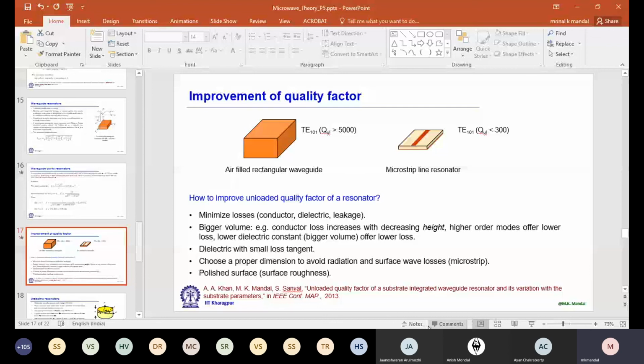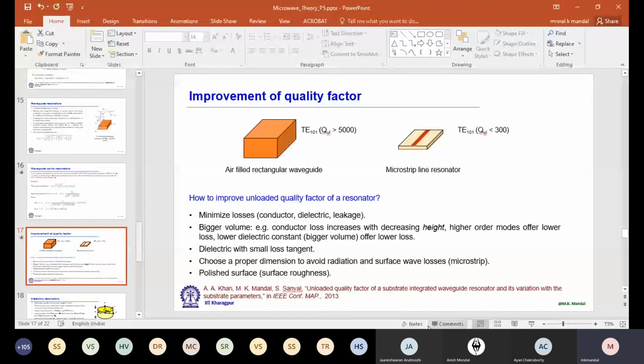Next, this point we discussed, that use some dielectric material with a low loss tangent value, then we have lower dielectric loss. Choose a proper dimension to avoid radiation and surface wave loss. We also discussed this. And polish the surface, that is important. We discussed surface roughness.